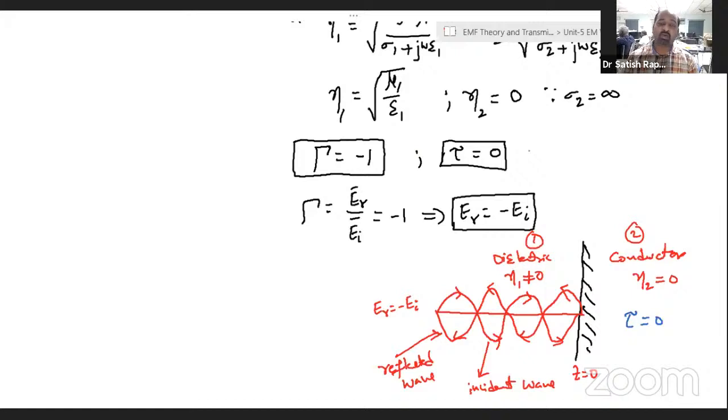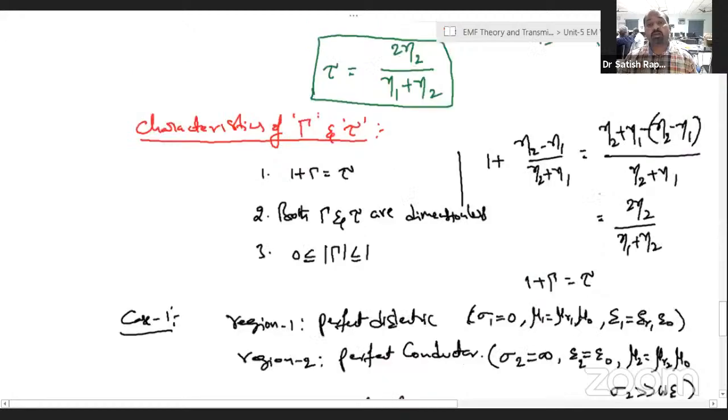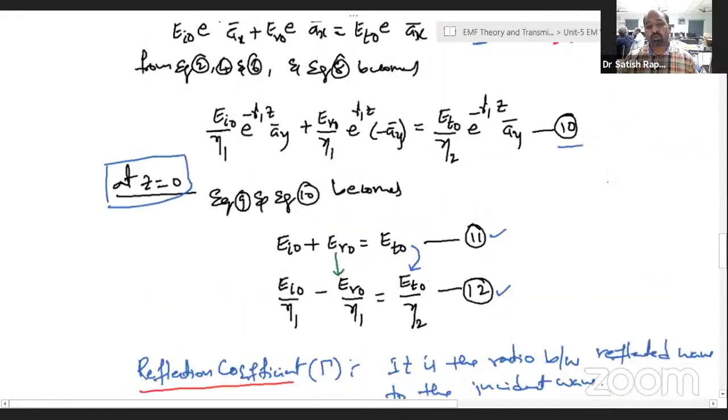It exists only on the surface of the conductor. It cannot penetrate through a conductor. So therefore, transmission coefficient is 0 and reflection coefficient is -1. That means the entire wave reflects back with phase reversal. That is what I have shown in the figure. So this is about reflection of plane wave, normal incidence.